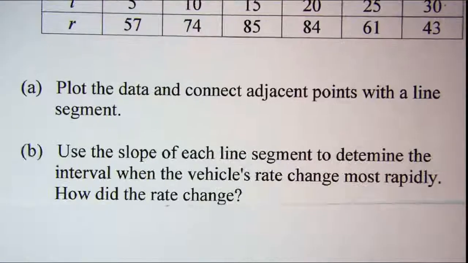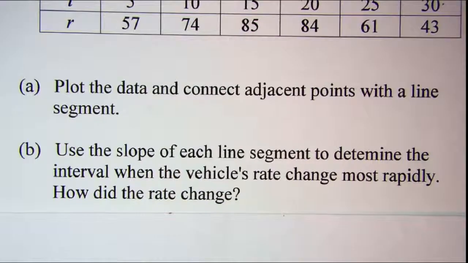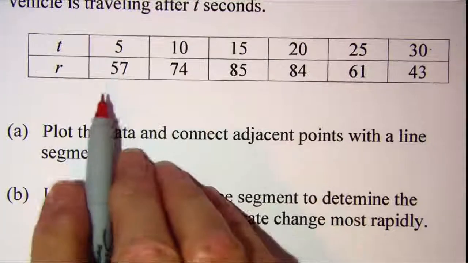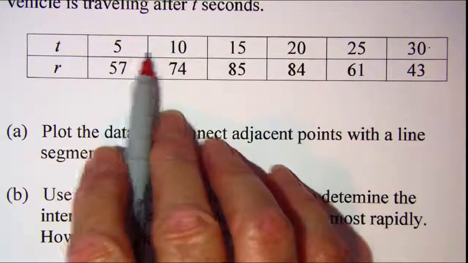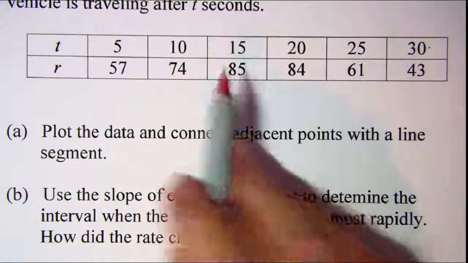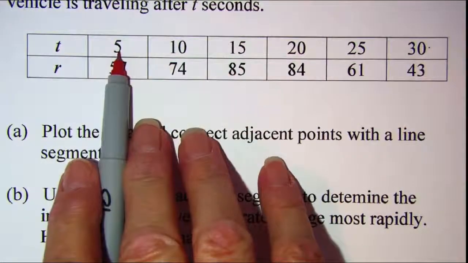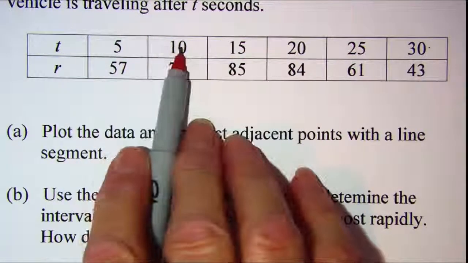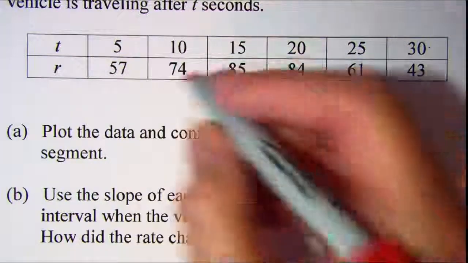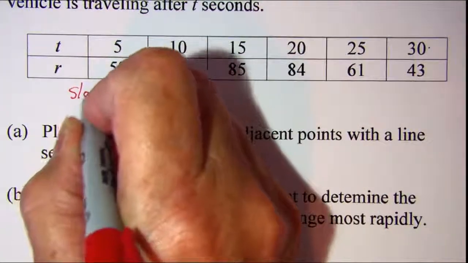The next thing that we're asked to do is to use the slope of each line segment to determine the interval when the vehicle's rate changed most rapidly. How did the rate change? Now what I'm going to do, I'm going to actually just find the slope from my data, since this is in numerical order, going from time equal 5 to time equal 10, and this is my x variable, so let me just write my slope here.